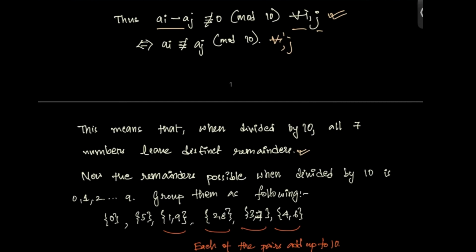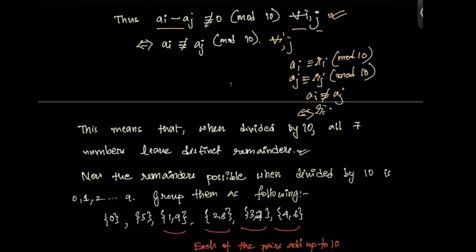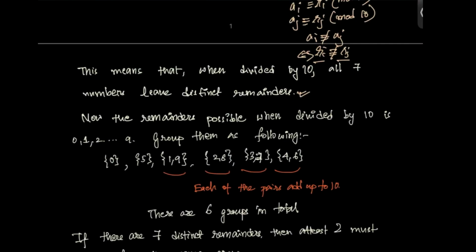So if ai is congruent to ri mod 10, and aj is congruent to rj mod 10, then ai not congruent to aj simply implies ri is not congruent to rj, which means the remainders are not the same. So when the 7 numbers are divided by 10, we basically get 7 distinct remainders.